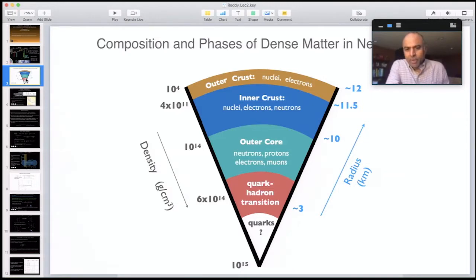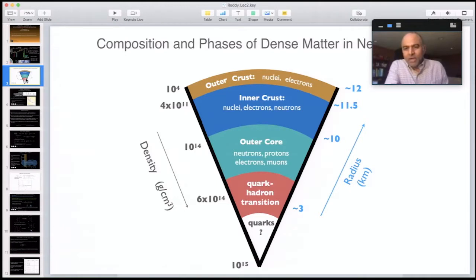So if we want to describe a system consisting of neutrons, protons, electrons, and muons, we need a theory that describes the interactions between neutrons and protons. In fact, it turns out that the neutron fraction of this outer core is so large that to first approximation, we can even just consider this matter to be composed entirely of neutrons.